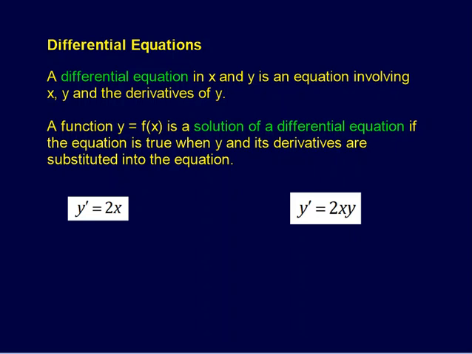So there's a lot of similarity between differential equations and working with antiderivatives. When we say we're solving a differential equation, you're actually wanting to find the function whose derivative is mentioned. Now, the two examples we have at the bottom demonstrate really two different kinds.